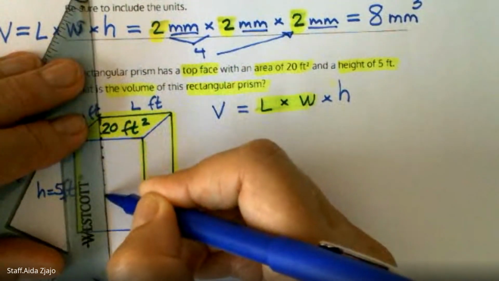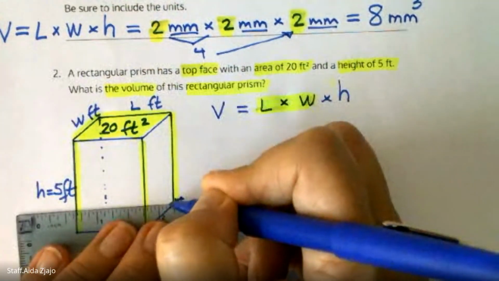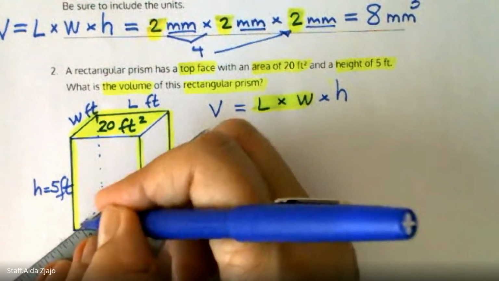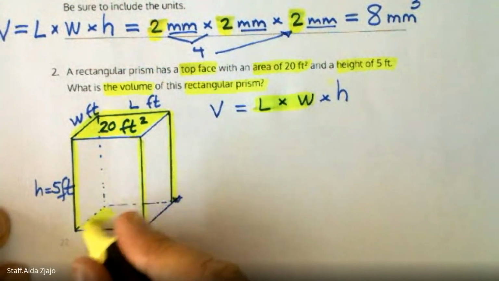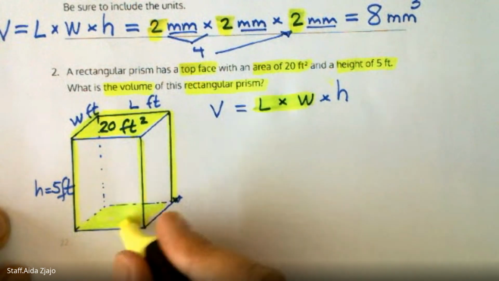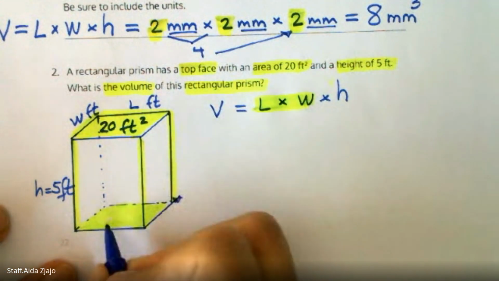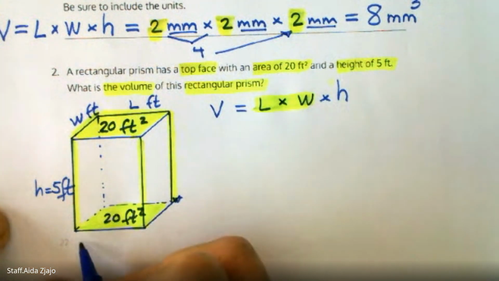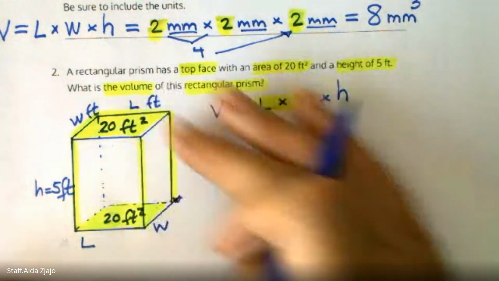I'm going to show you as well, so you can see. This top is the same as the bottom because of the parallel lines, and this area is also 20 feet squared. This is length, this is width, same as the top.